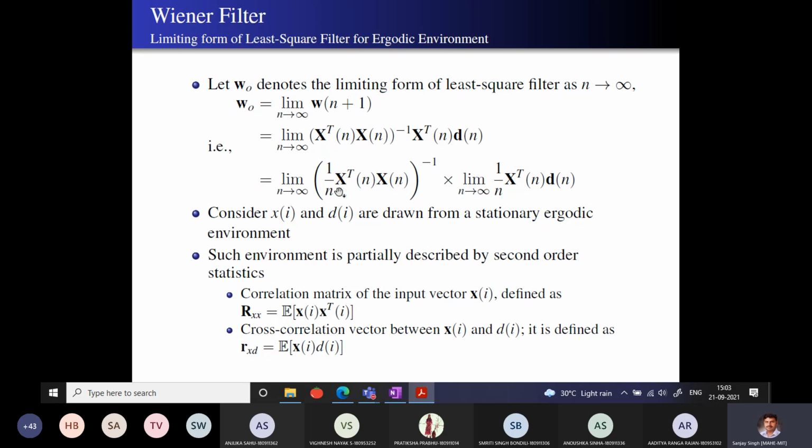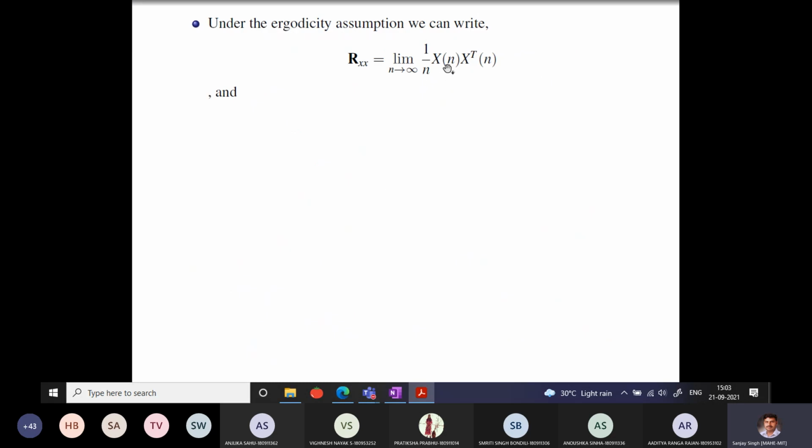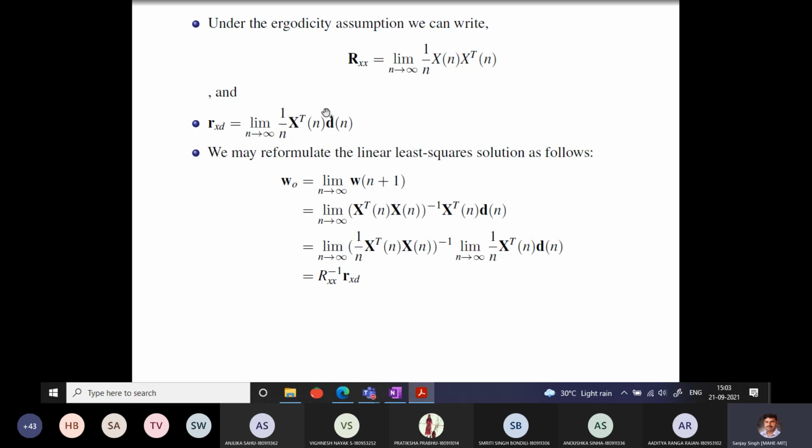And moreover, this is a matrix, not just a vector, it's a matrix of vectors. So we can do this: (1/n) X X^T, I can write like this. We define something like this, and we define cross correlation anyway. So this entire thing can be written like this. Here of course I forgot to switch, but I can do it this way, switching from inner product form to outer product form for an ergodic environment.